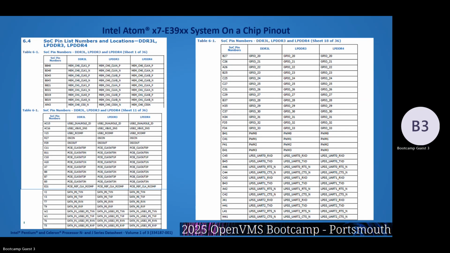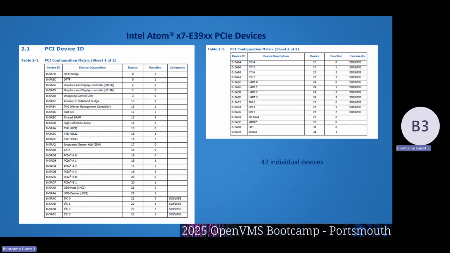Again, we're not talking about the finished product that you see on the website. We're talking about this piece of silicon. From a device standpoint, and in some of the other driver talks you've seen, VMS can go out there and identify what's in the chip using the PCIe device IDs.